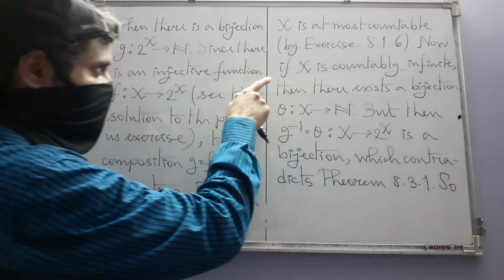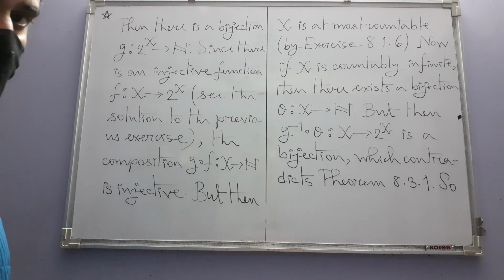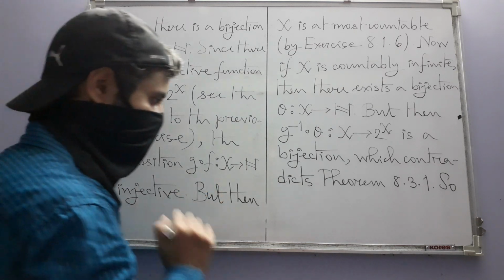So x cannot be countably infinite, but x is at most countable, so that means x has to be finite.